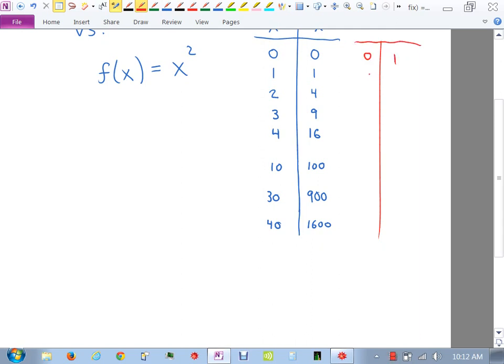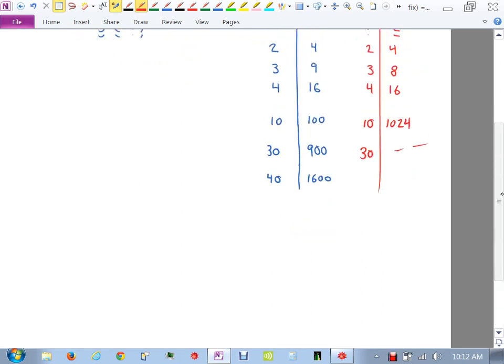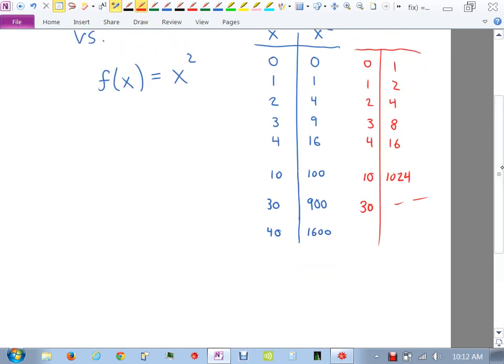Now, if I put the exponential table next to this one, 0 we had 1, 1 we had 2, 2 we had 4, 3 we had 8, 4 we had 16, 10 we had 1024, right? 30, I mean, we were getting really big really fast. In the beginning, they're kind of close, aren't they?